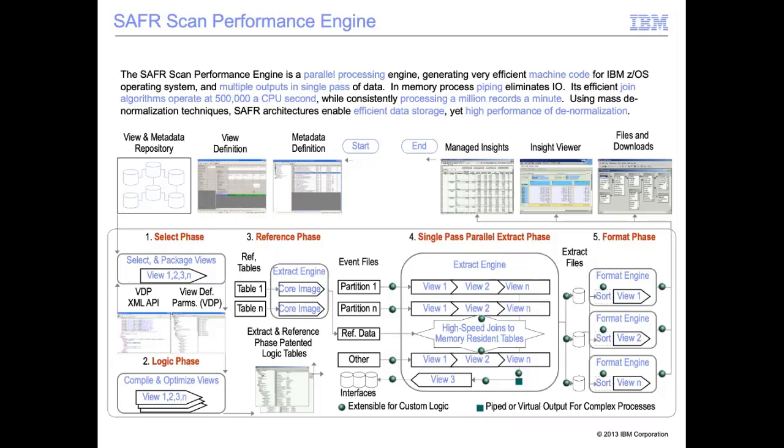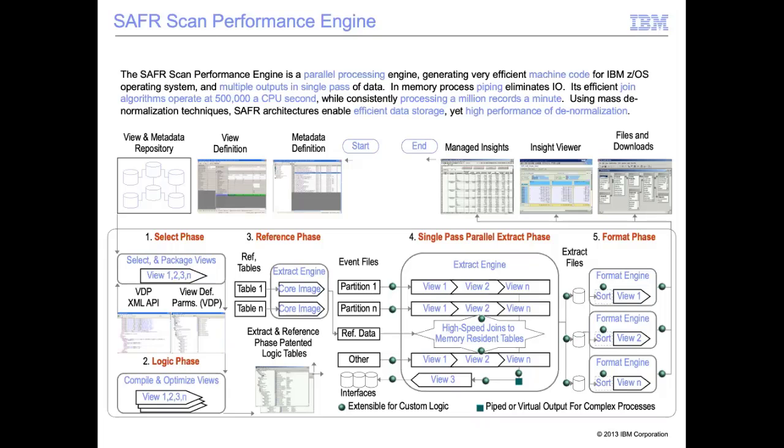The key program, the extract engine, single pass parallel processing extract phase, it kicks off parallel processing and generates machine code for each one of the files that needs to be passed.